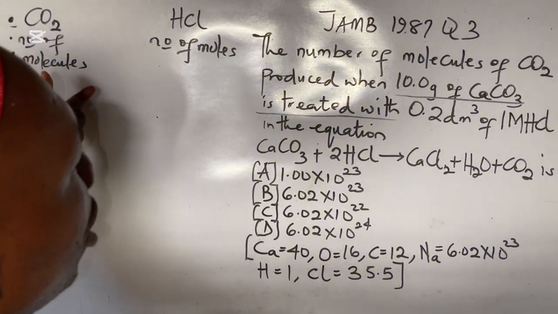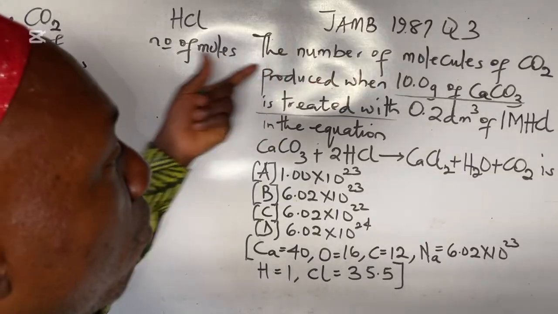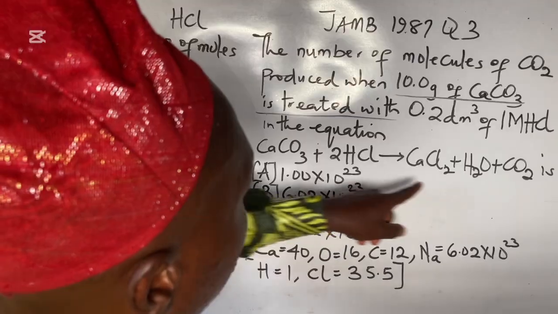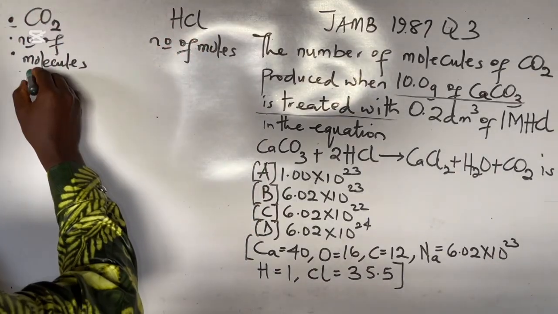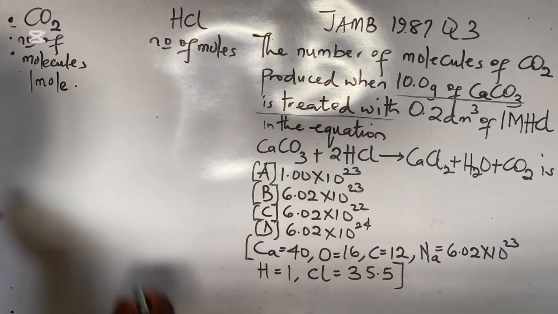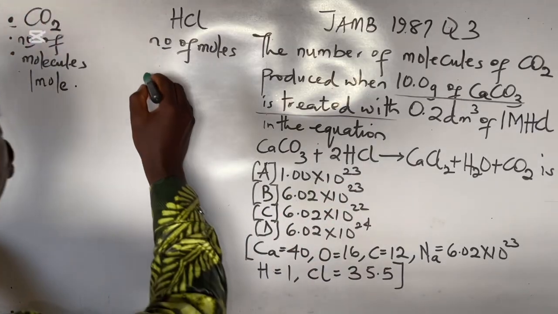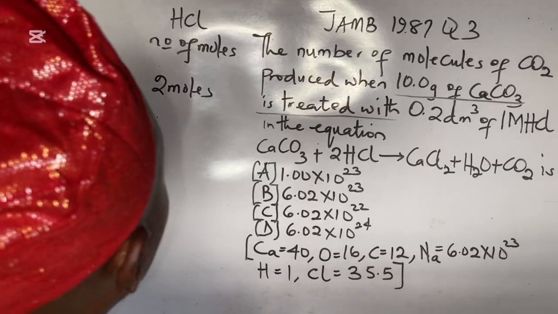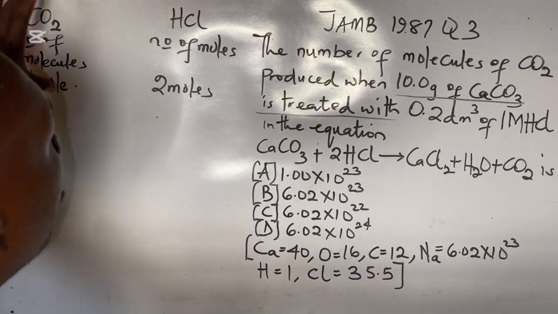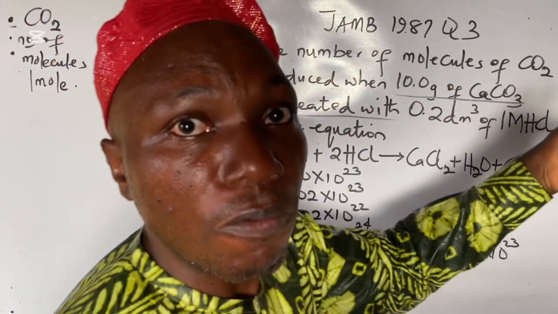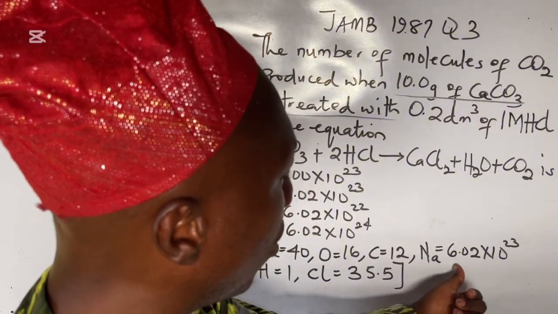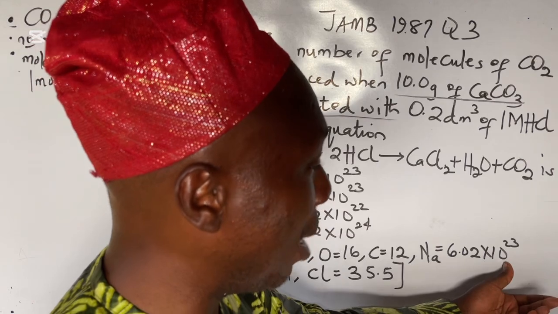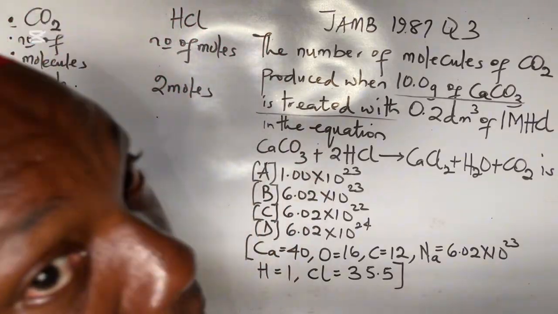So let's go to the equation and see the number of moles of the two compounds. We have carbon dioxide, how many moles? 1 mole. You write 1 mole. HCl, how many moles? 2 moles. Carbon dioxide is in terms of number of molecules, so we use Avogadro's constant, 6.02 times 10 raised to the power 23, multiplied by 1 mole.